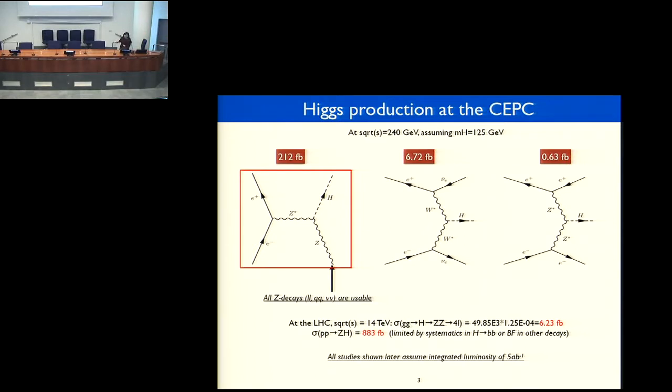So let me just remind you again of the main productions of the Higgs boson at the e+e- colliders. As you can see, for example, at the center-of-mass energy of 240 GeV, assuming a Higgs mass of 125, of course, you have three productions, but you can see the relative size is really reduced quite a lot. So it's quite a different picture from what we're used to at the LHC.